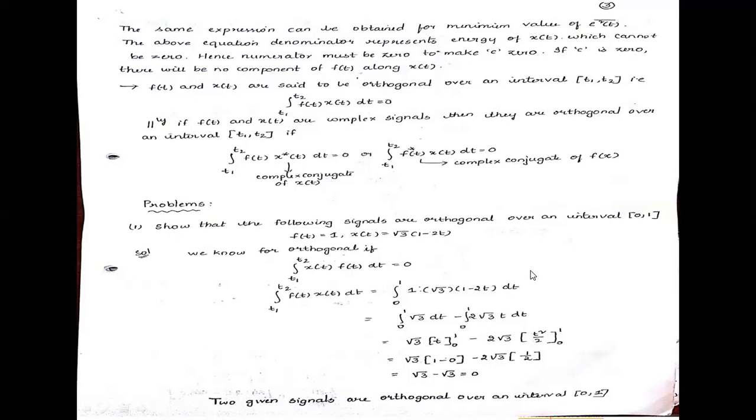Orthogonal is nothing but mutually perpendicular to each other. Understood, my students? Like that, we can do any example given f(t) and x(t) using this equation. You can check whether it is 0, then both signals are orthogonal. If it is not 0, the signals are not orthogonal to each other.